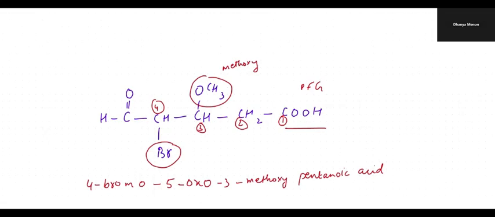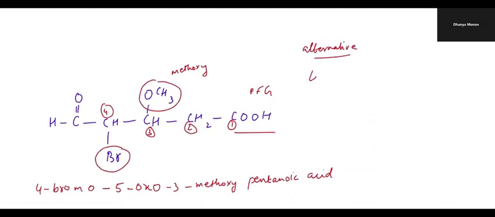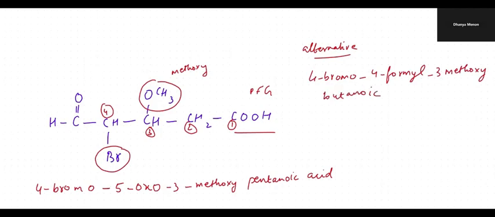So alternate name, because in the choices, if they don't number it and write the name, then it would become 4-bromo, 4-formyl, because if I don't number the aldehyde carbon, it becomes formyl, 3-methoxy, butanoic acid. I hope I am clear.